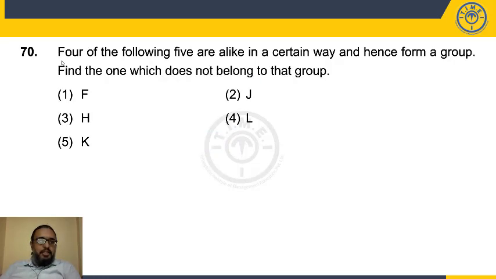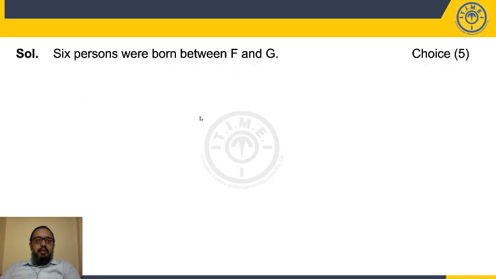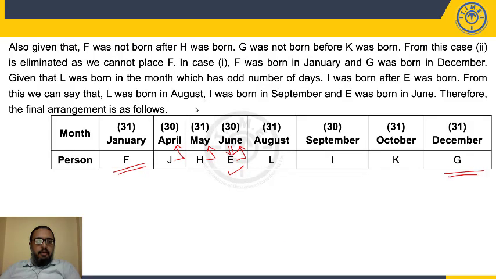And the last question in the set, 4 of the following 5 are alike in a certain way and hence form a group. Find the one which does not belong to that group. So it's an odd one out question. F, J, H, L, K. So F, 31-day month. J, 30-day month. H, 31-day month.